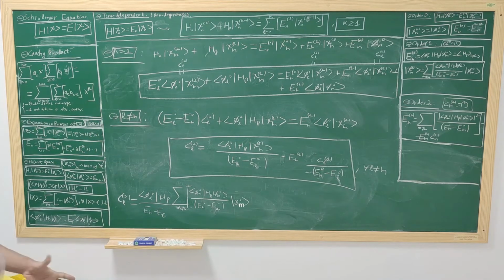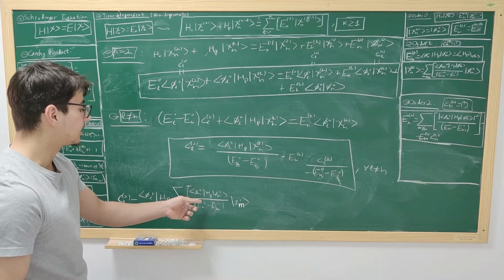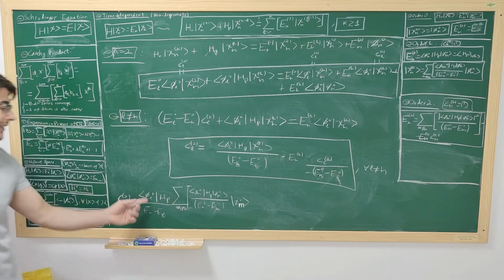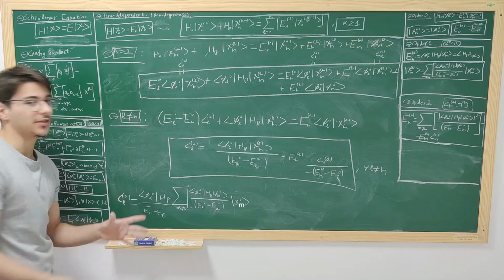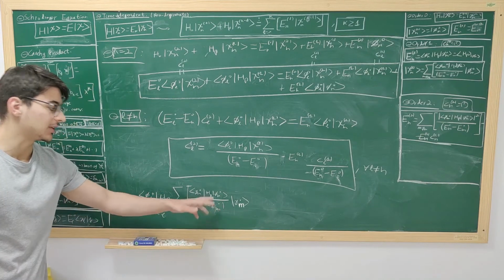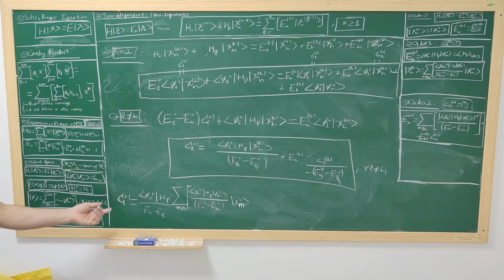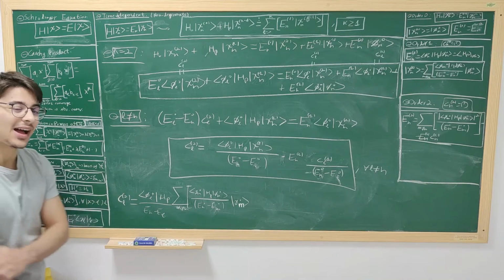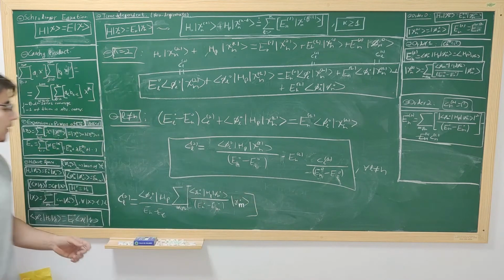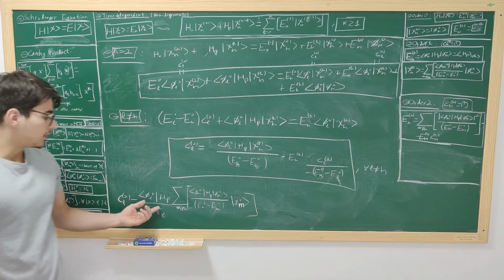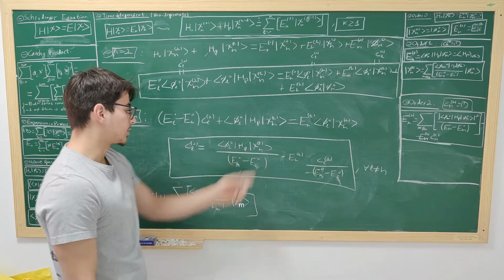Okay? So now don't get confused. This M right here is just a dummy variable for the sum, and this L is in general not equal to M, okay? They are two different things. This M right here is just a summation, and this L is just a component of this. So in the end we will have two summations, but we'll see later on how. So all we have done here is just to expand this expression.